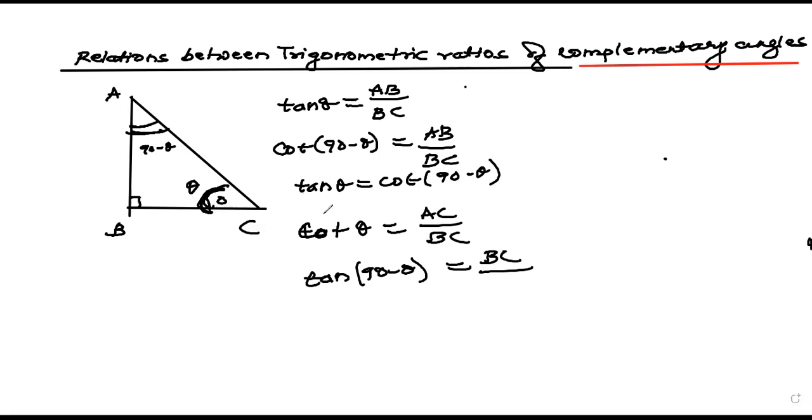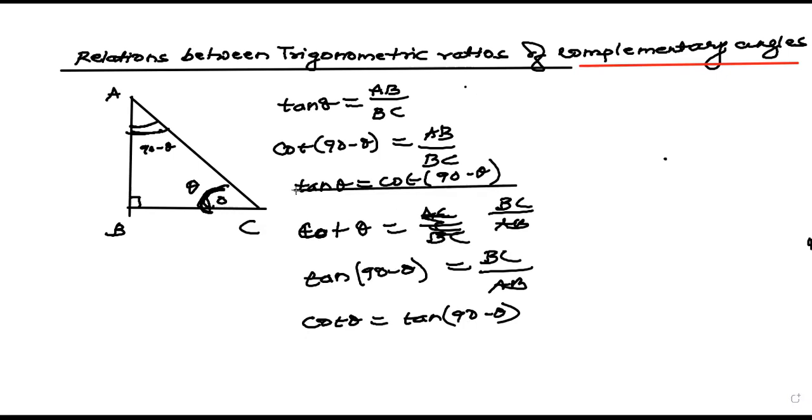Cot theta is adjacent side upon opposite side, BC upon AB. Tan of 90 minus theta is opposite side upon adjacent side, BC upon AB. So same it is. So cot theta will become tan of 90 minus theta. So you can see here, children, your tan ratio changes to cot ratio, and your cot ratio changes to tan ratio.